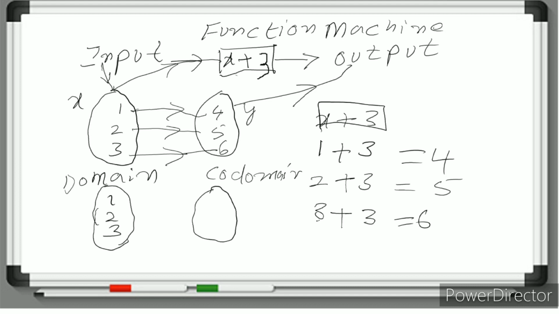In the codomain we have the values 4, 5 and 6. For each input there is one output, and the rule we write as f of x is equal to x plus 3, function of x.